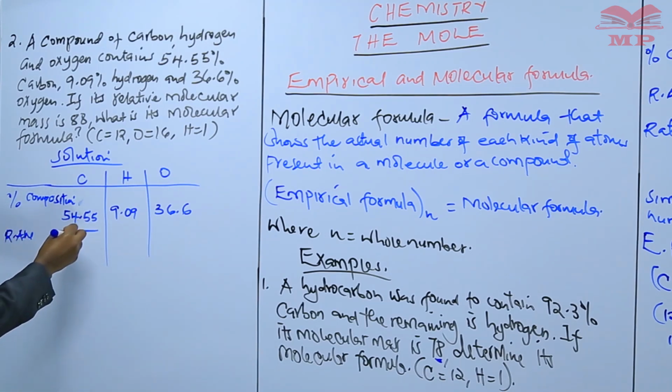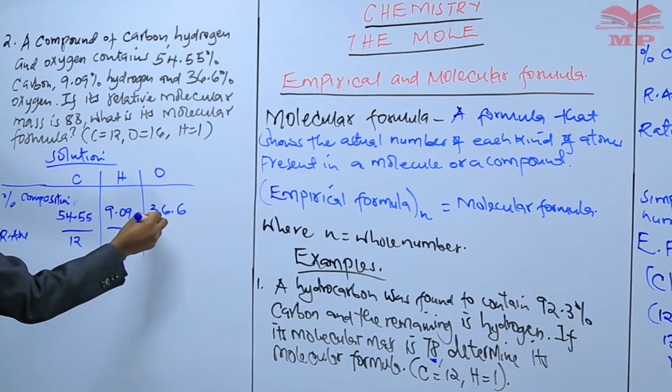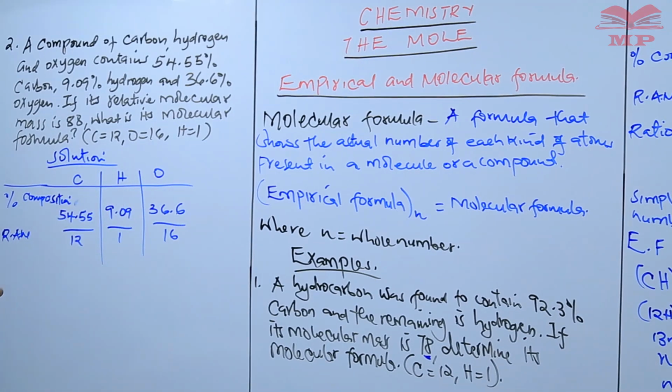The relative atomic mass of carbon is 12, of hydrogen is 1, and of oxygen is 16. Then when you divide, carbon gives you 4.548. Hydrogen is 9.09.